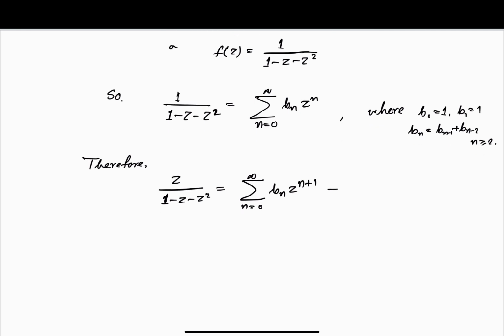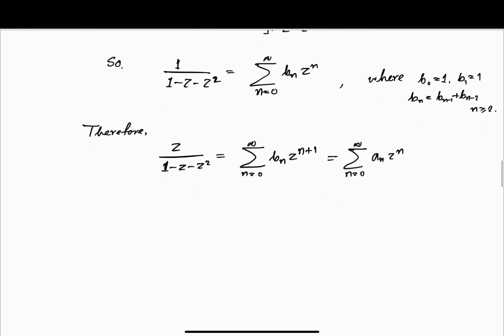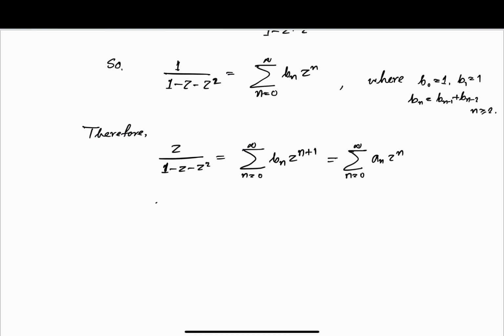So this is also the same as the sum n equals 0 to infinity a_n z^n. If we compare these two, we will get b_n equals a_(n+1), because here it is z to the power n plus 1 and here it is z to the power n, for all n.